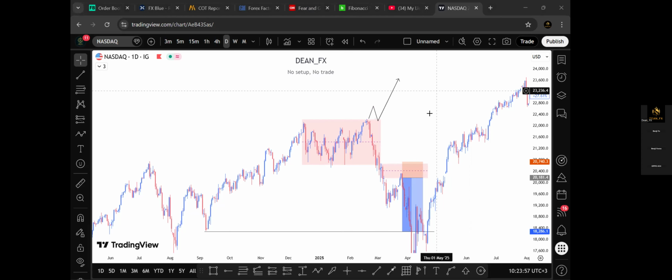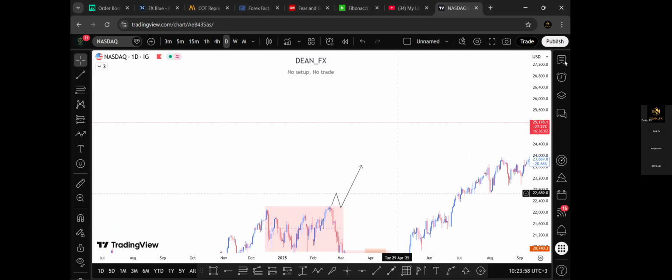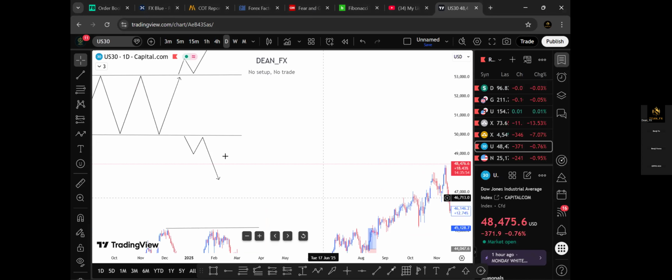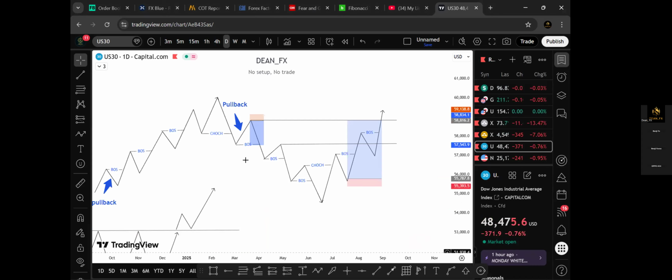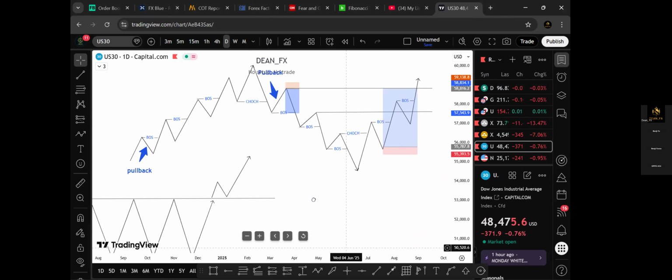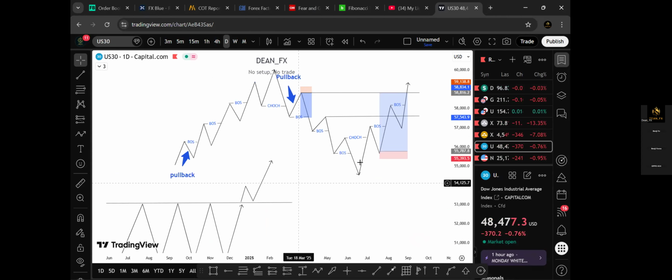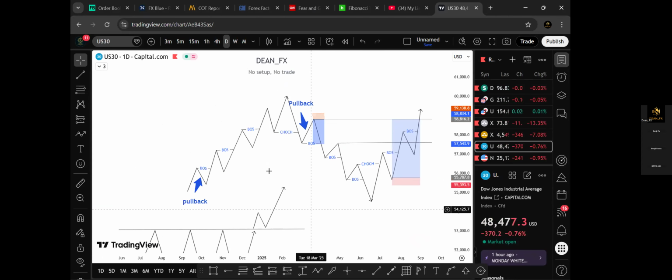To sum up everything that I've been talking about, it's just a matter of understanding how the market moves. I advise the beginners, try to map out this structure alone. Just try to draw higher highs, higher lows. When price breaks this, a change of character.